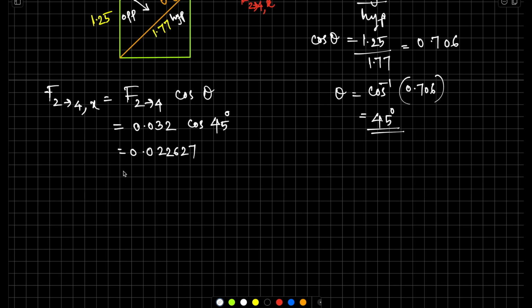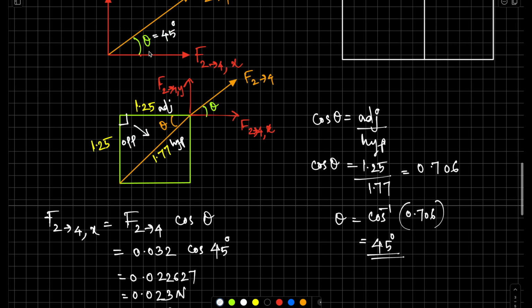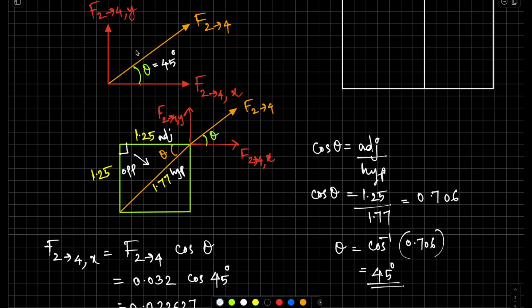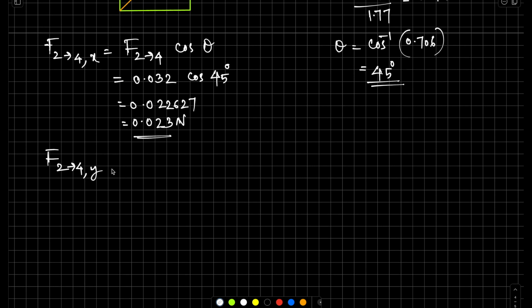0.02267. So round it off to 0.023 newtons. Now what about F24's y component? The y component is not touching the angle, so it's sine. F24 sine theta.